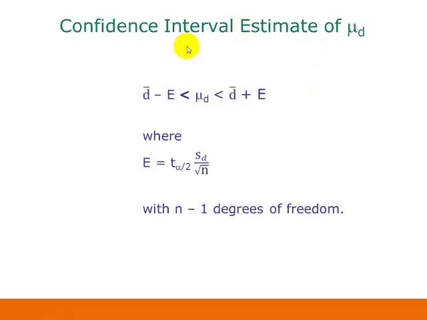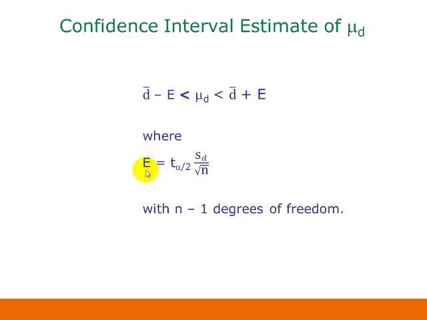So what we're doing here is obtaining a confidence interval estimate of the mean of the differences. So for a confidence interval estimate, our point estimate is going to be the d bar, which is going to be in the middle of our confidence interval, and from that value we're going to subtract the margin of error to get our lower limit. We're going to add the margin of error to get our upper limit.